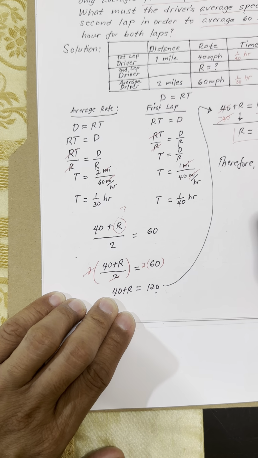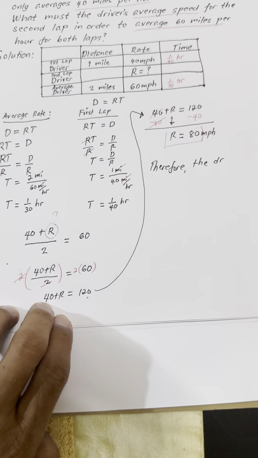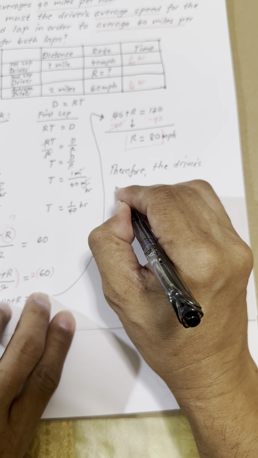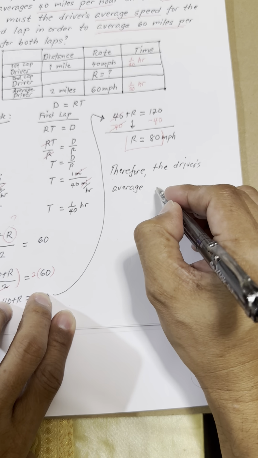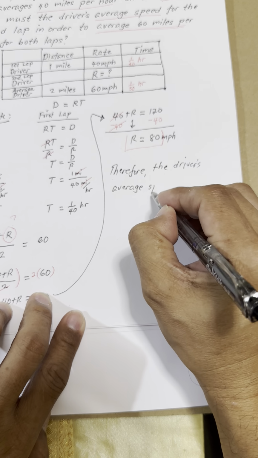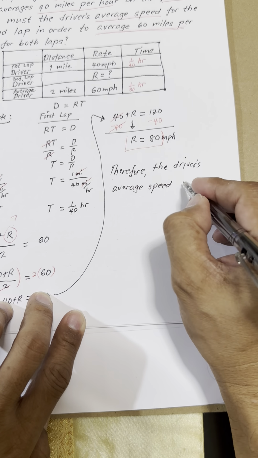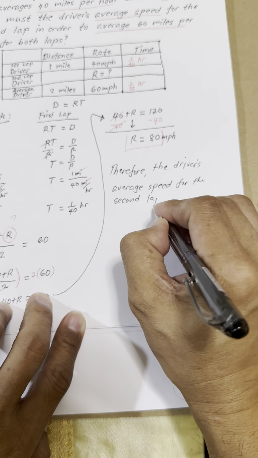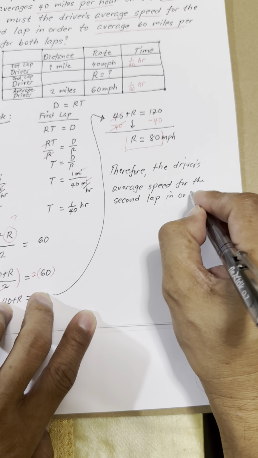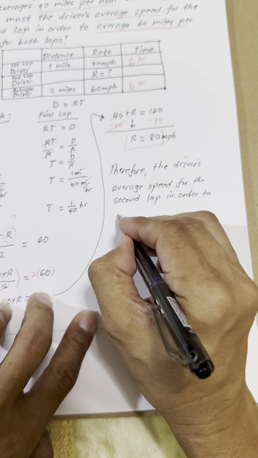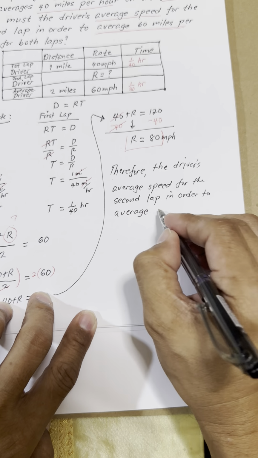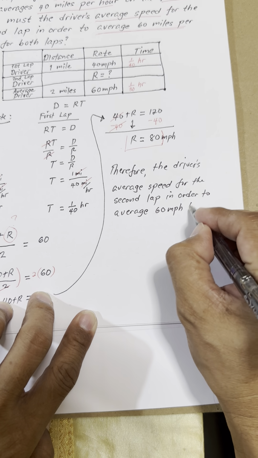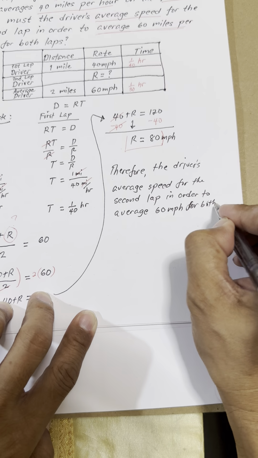the driver's average speed for the second lap in order to average 60 miles per hour or 60 mph for both laps.